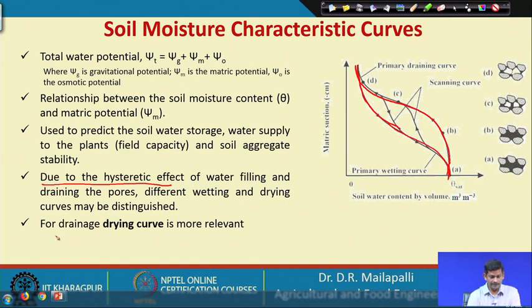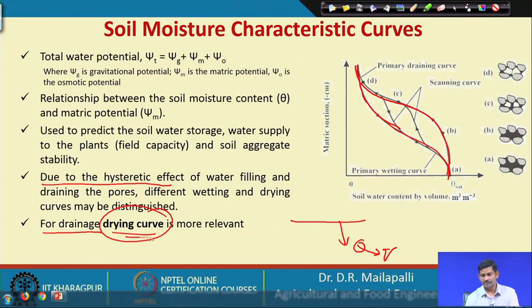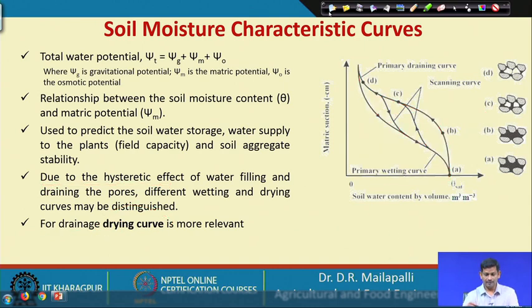For drainage purposes, the drying curve is more relevant, because in drainage we remove water from the root zone. So this is a wetting curve and this is a drying curve, and the drying curve is more relevant in case of drainage.